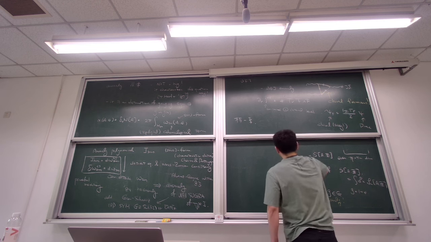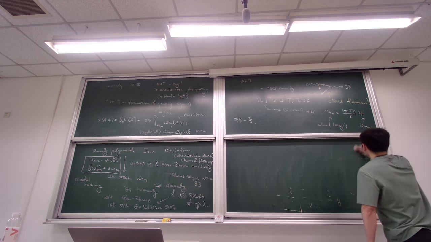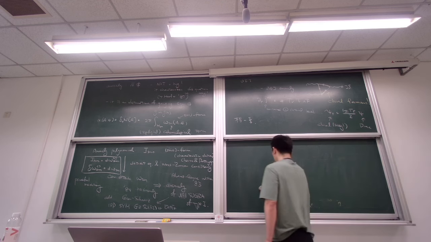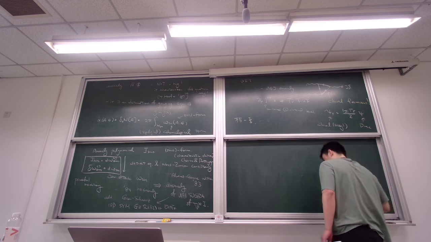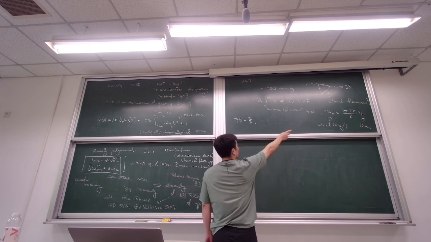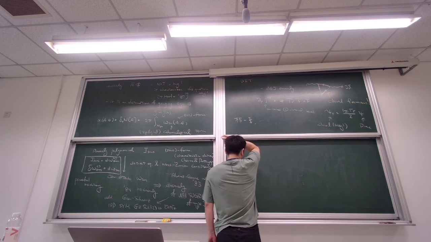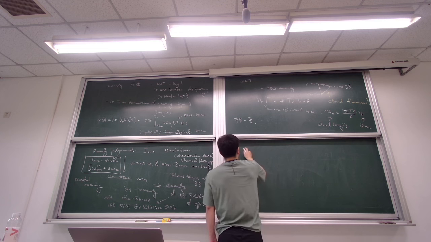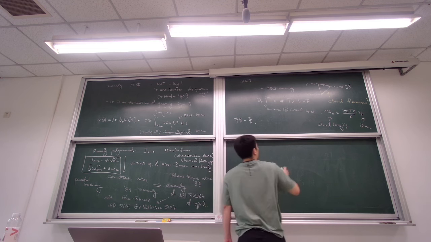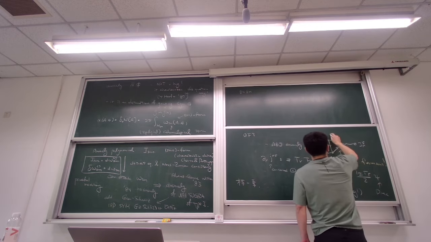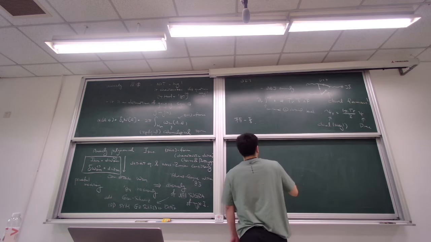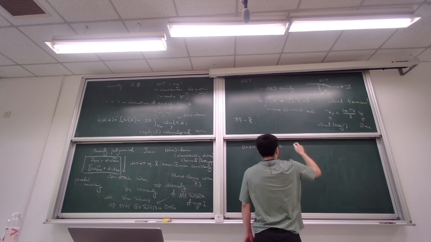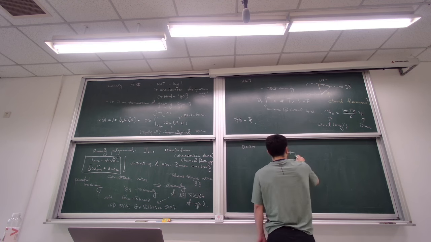So the anomaly is due to this chiral contribution. And if you go to higher dimensions, d equal to 2n, this is d equal to 4 with the triangle diagram. For d equal to 6, instead of a triangle, you have to consider the chiral loop diagram with a square diagram.